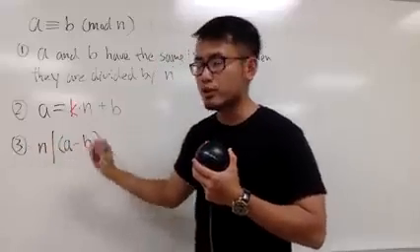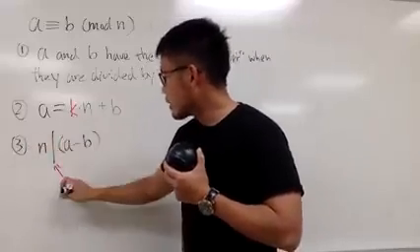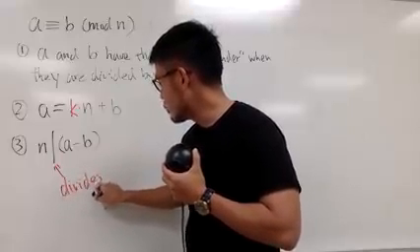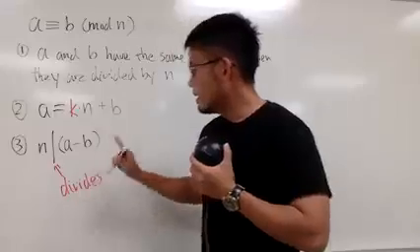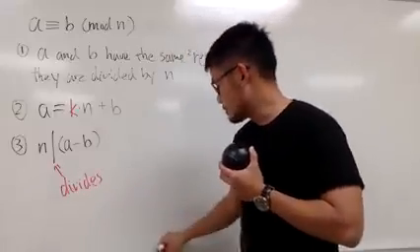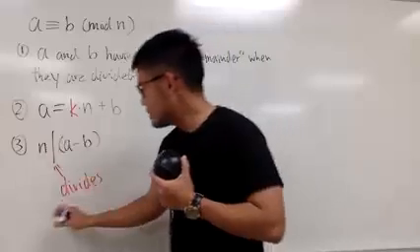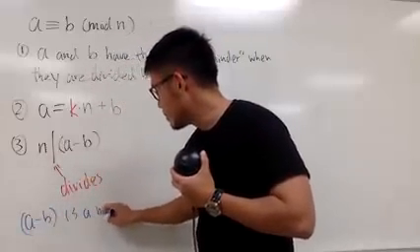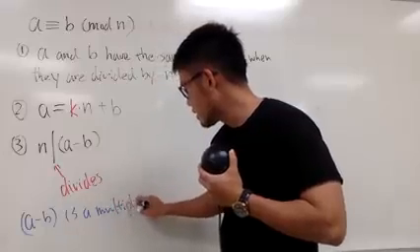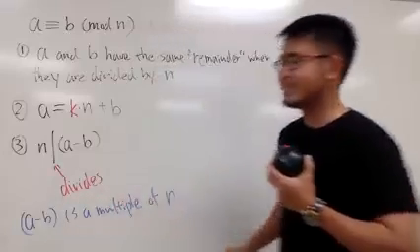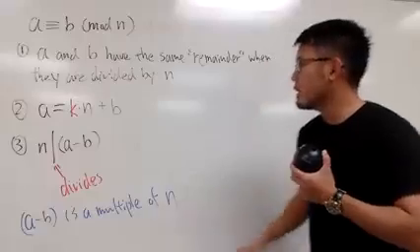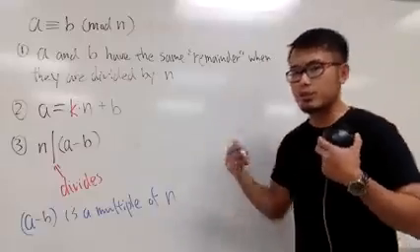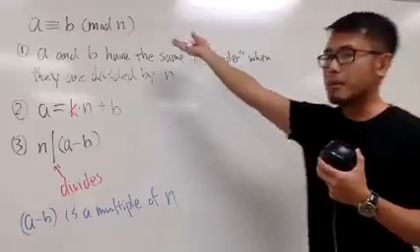This is actually the common notation that we'll be using quite often. You say that's "divides", okay? And when we write this down, this means that a minus b is a multiple of n, okay? So that's pretty much it. I think this is perhaps the most natural way to know what that means.